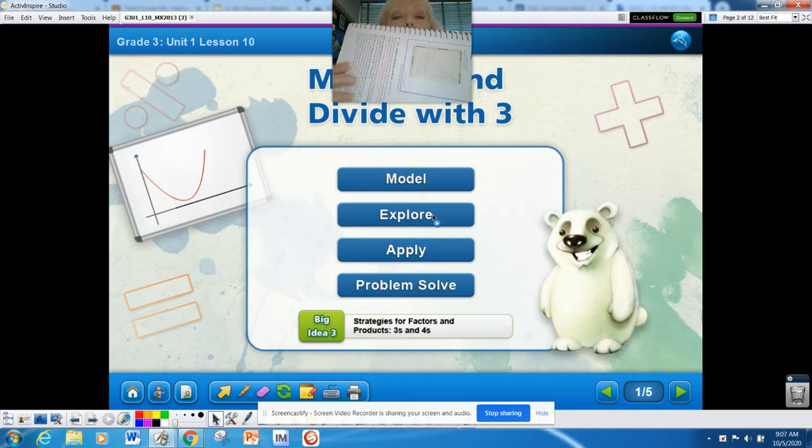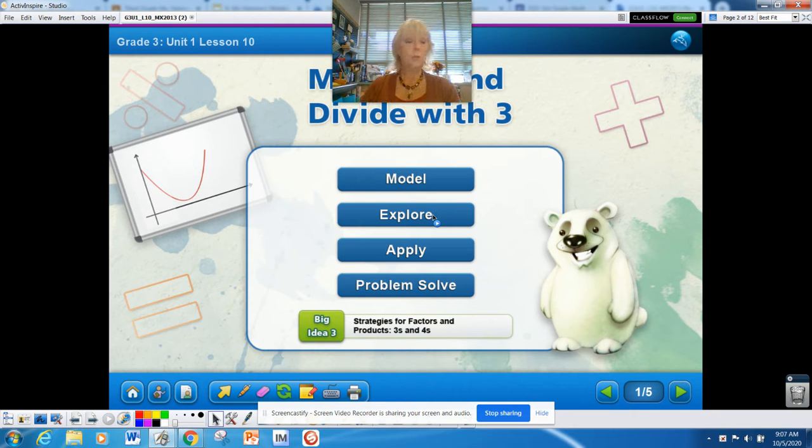You're going to be circling the 3s on that one. That is on page 45 in your workbook. They show you that there, so you can take a look at that. That's just going to help you put into your mind grouping of 3. And so you go 3, 6, 9, 12, 15.